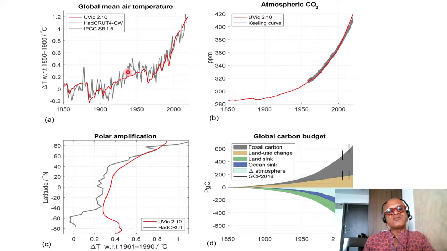This detail here we haven't talked about. The observed temperatures have lots of ups and downs because of El Niños and things like that, the Atlantic multi-decadal oscillation and so on, whereas models do not necessarily simulate the same events year by year, because they have their own El Niños.